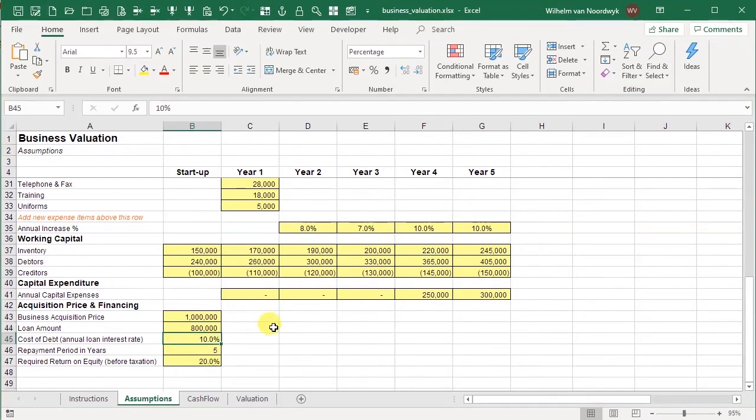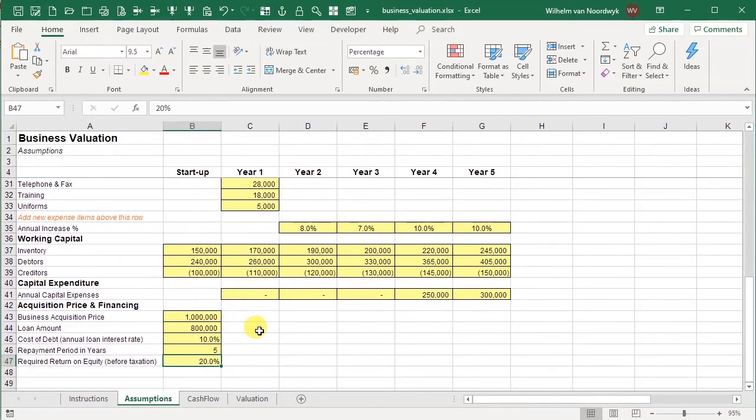You also enter the cost of debt. That's the interest rate percentage of a loan if you had to borrow money, and the repayment period in years. The last input cell is for the required return on equity before taxation, and that's subjective.